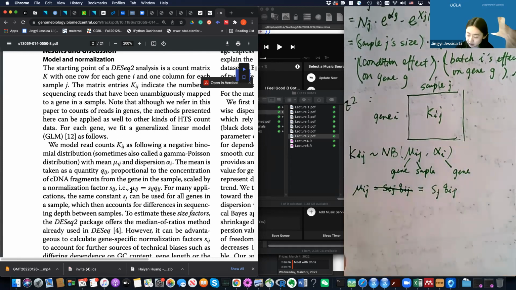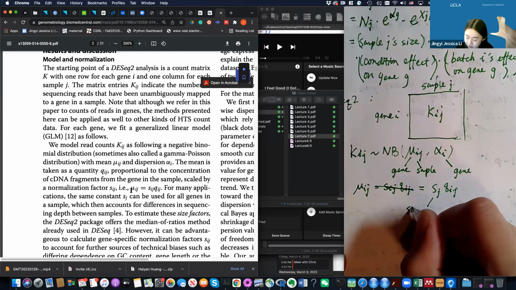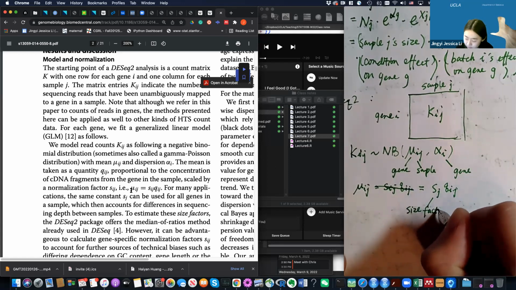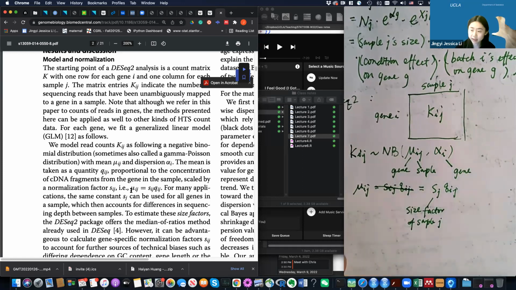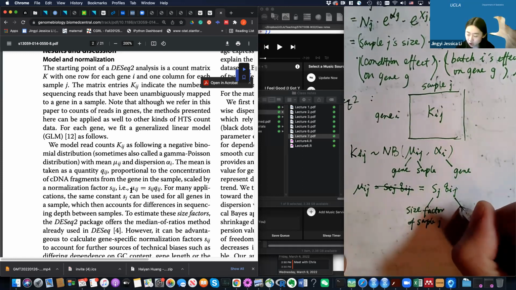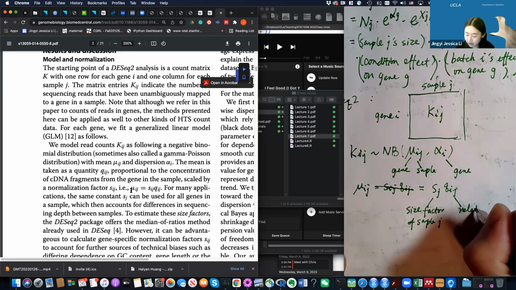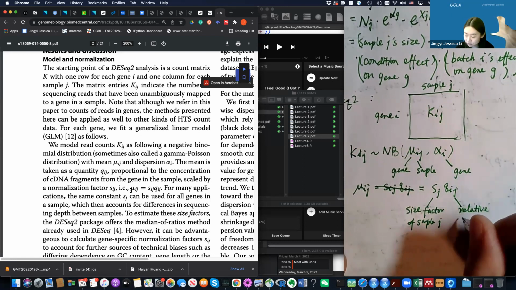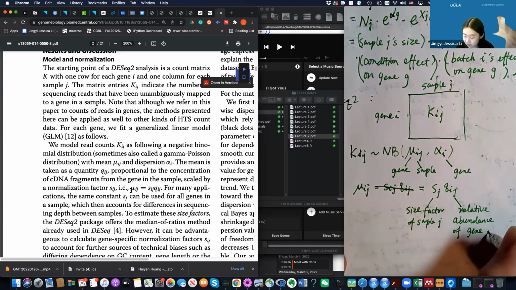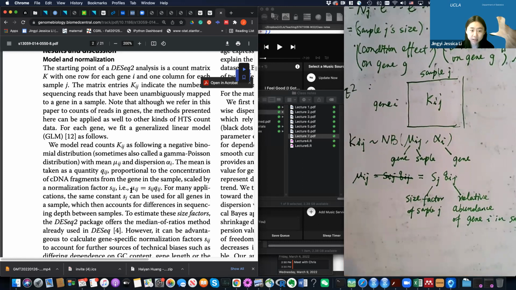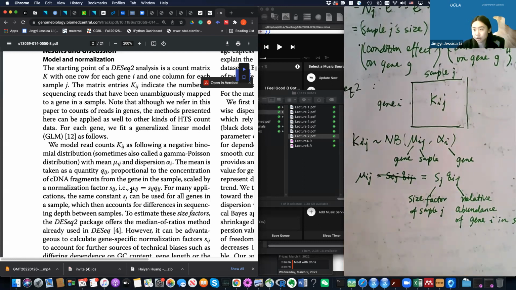So this sj, you can consider as a size factor of sample j, and this qij is the relative abundance of gene i in sample j. So in other words, DESeq2 is formulating its differential expression in terms of the relative abundance.